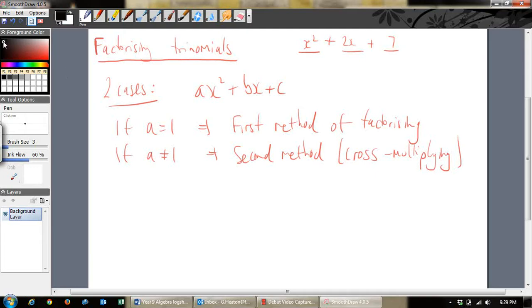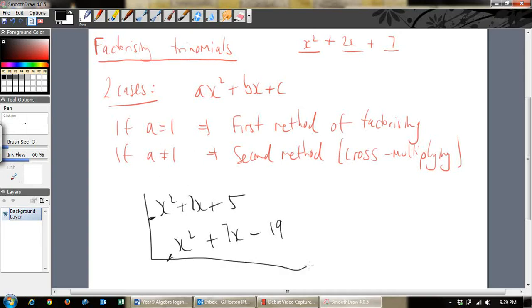So in other words, the first method will look something like x squared plus 2x plus 5, or x squared plus 7x minus 19. In other words, there's nothing in front of x squared, but it's a 1. Okay, 1x squared. We don't bother writing that.